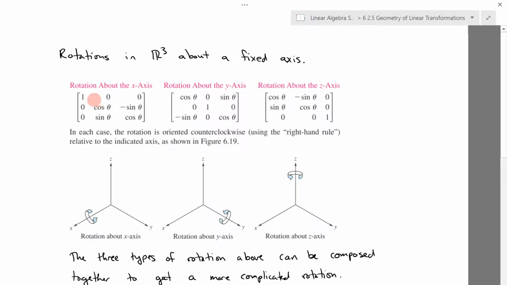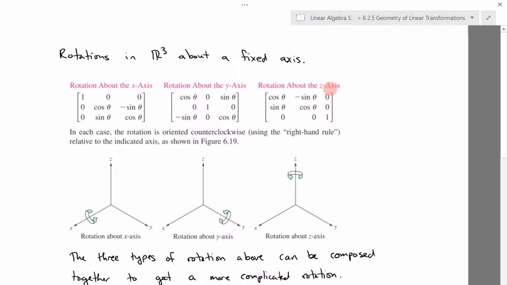Okay, so what's occurring in these 3 transformations is that this one here fixes the first coordinate, which is the x coordinate, and then rotates the y and z coordinates. Similarly here, this fixes the y coordinate, and then the entries appearing in these positions rotate the x and z coordinates.